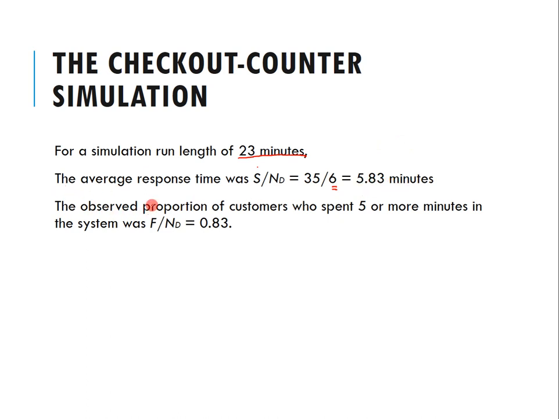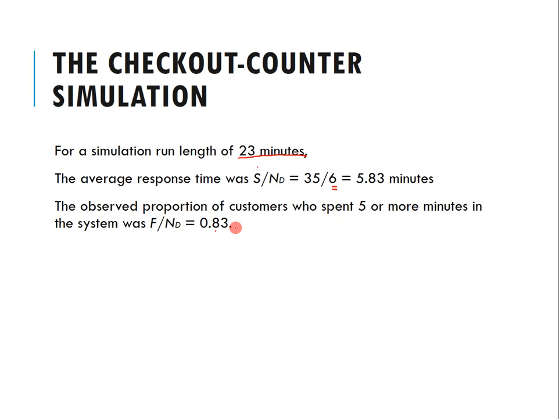The observed proportion of customers who spend 5 or more minutes in the system was F divided by ND. We divide that number by the total number of customers that have departed the system. So 83% of the customers spend 5 minutes or more.